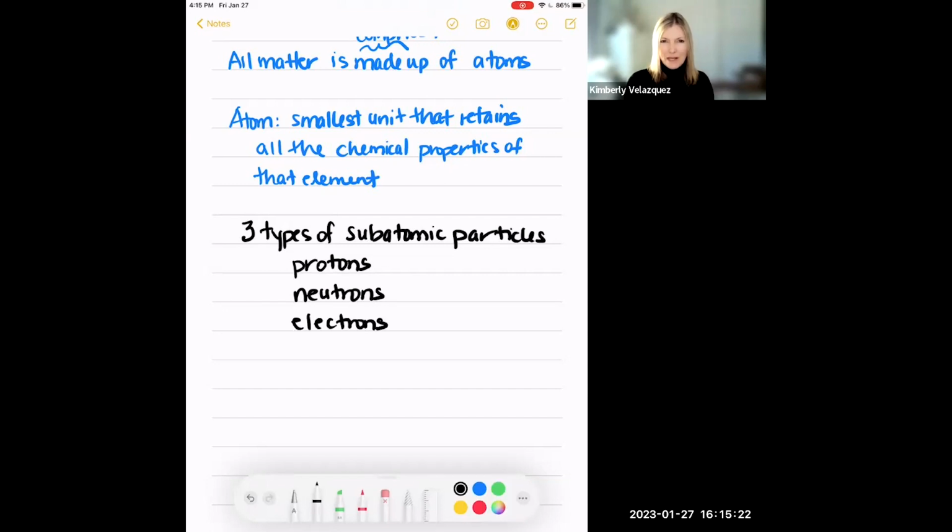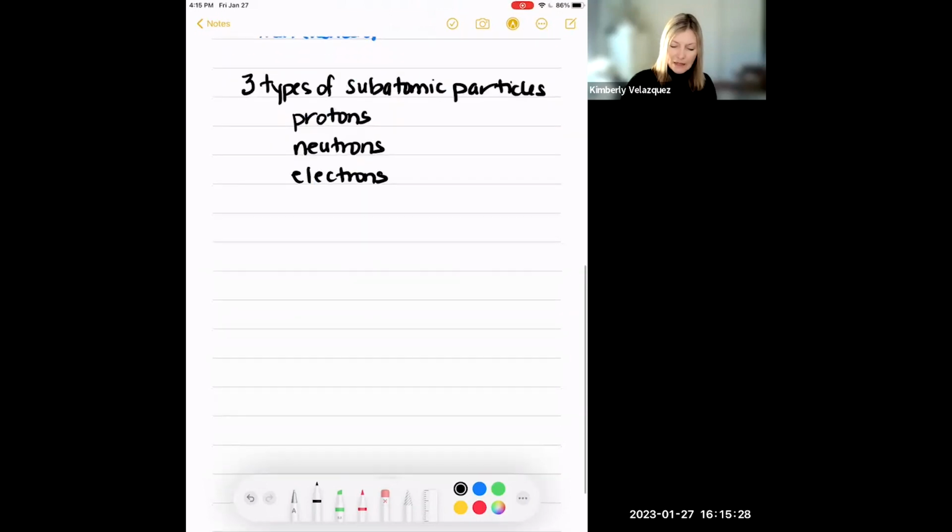If you look at the basic structure of any atom, they all have the same general arrangement. And that is that there's this region in the center called the nucleus of the atom. So just as your cells have a nucleus, every atom has this region in the center called the nucleus. It's not an actual structure, it's more of a region. In that nucleus are 2 of these 3 subatomic particles.